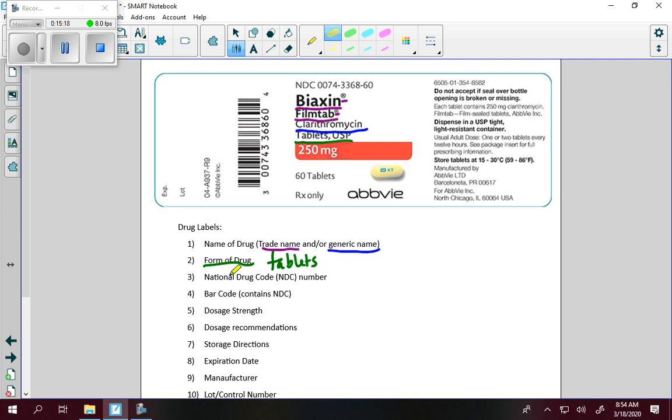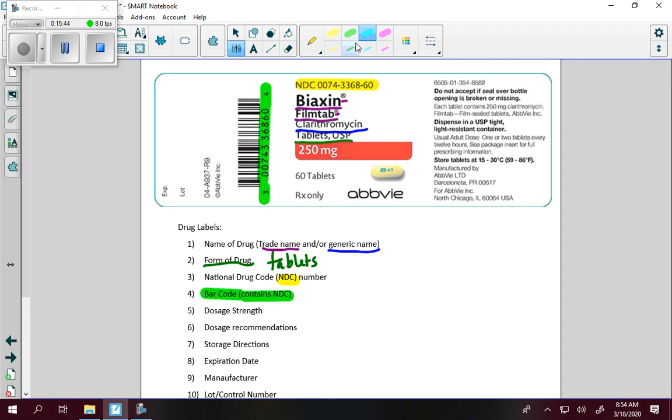So this NDC would be right here, NDC. And the barcode, it contains the NDC. So here, if you notice, they have all those numbers in there that the NDC had, but it also has the 3 and the 4 on the outside. It could be different letters than 3 or numbers than 3 and 4, but that is the whole barcode.